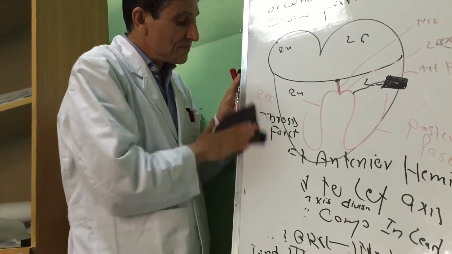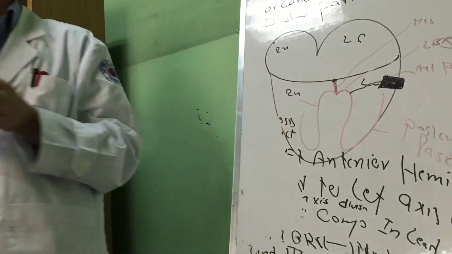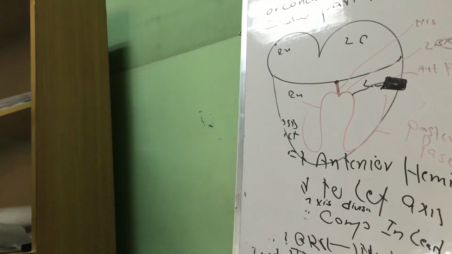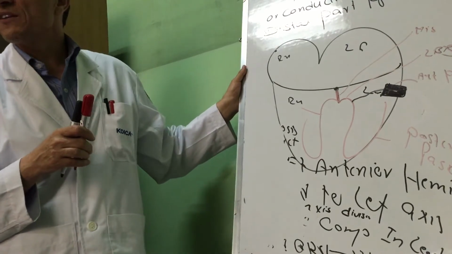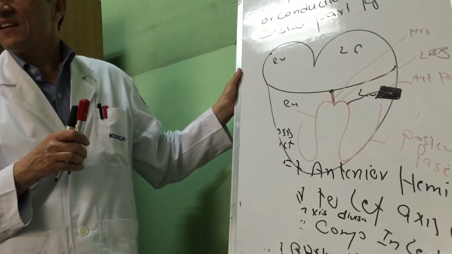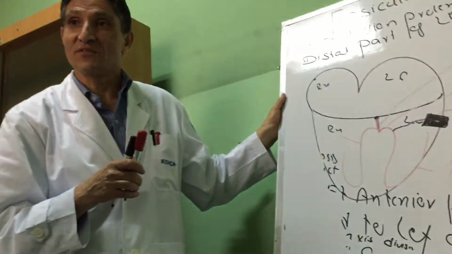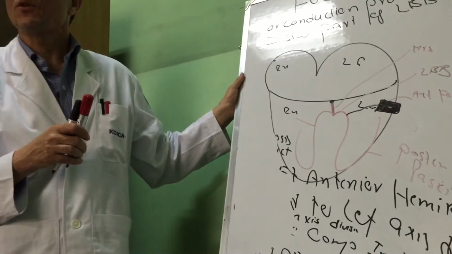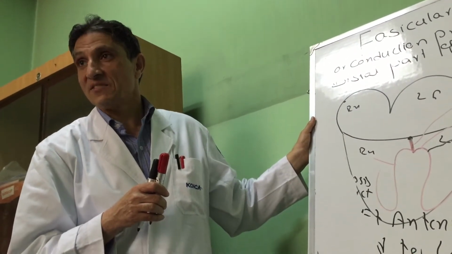Now, after the cause, what is the clinical relevance of a patient who is having anterior fascicular block? Left anterior fascicular block, which leads to left axis deviation, clinically has no great value and prognostically is not significant.